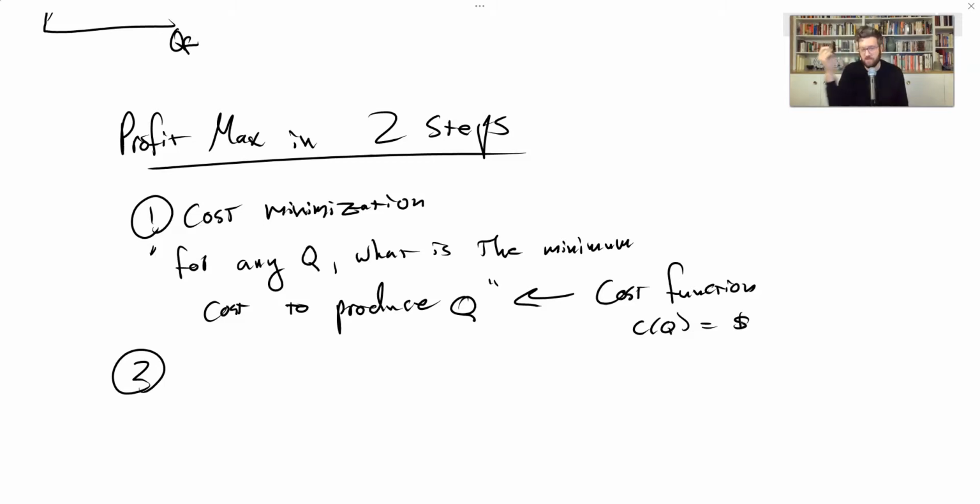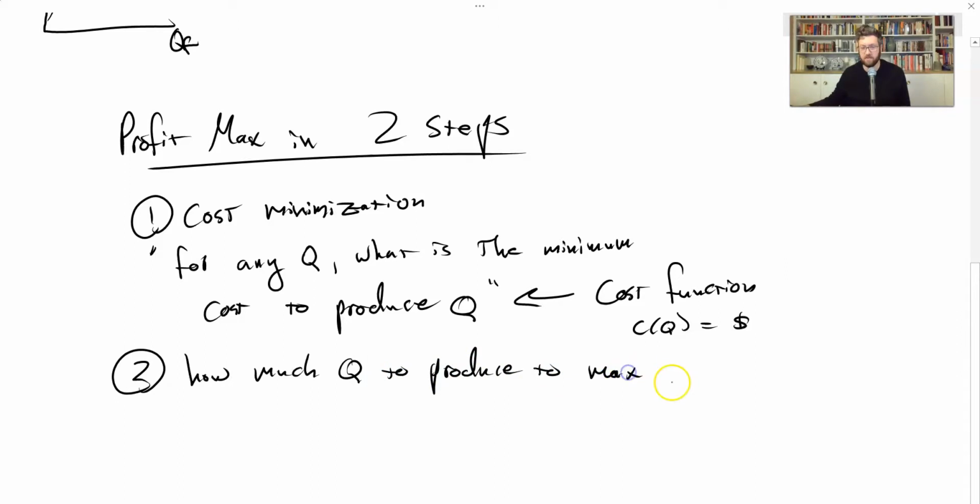Once we have that, we go to step 2, which is how much Q to produce to maximize profit. Let me show you why this is a little bit simpler in the long run.